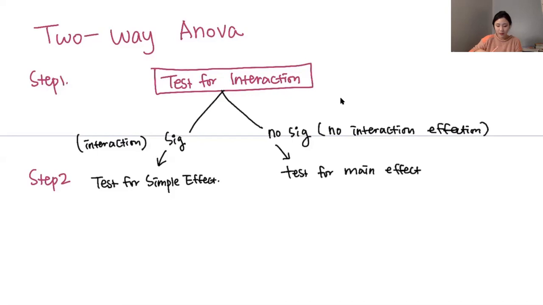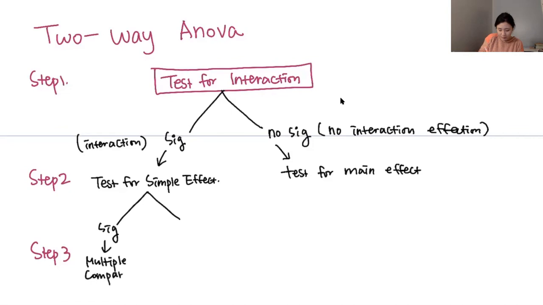According to each test, for simple effect and main effect, we have a significant result or a not significant result. So in step 3, if my simple effect is significant, we need to do a multiple comparison, which is in chapter 12.